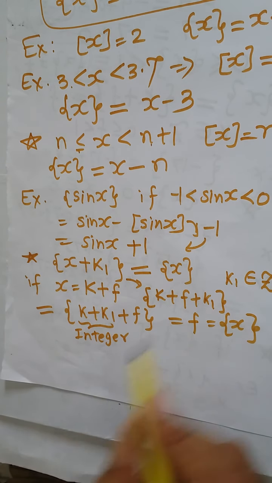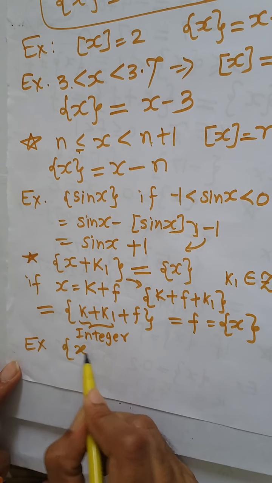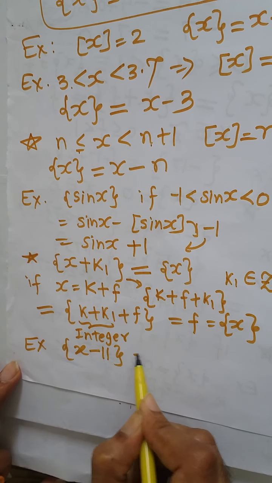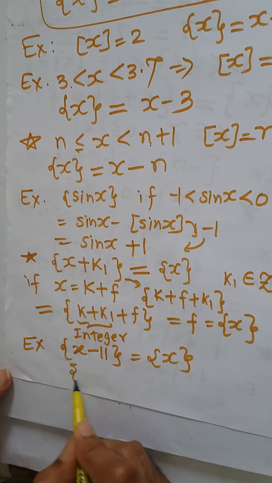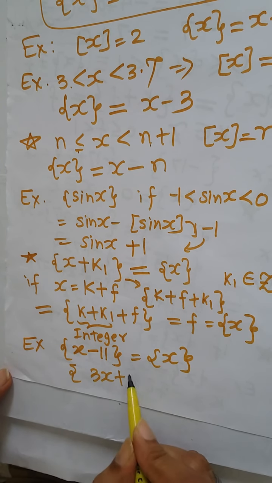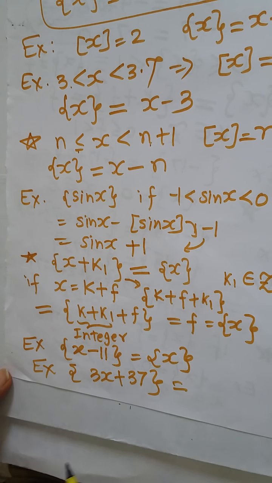So remember this property: fractional of x minus 11 is fractional x only, and fractional of 3x plus 37 is fractional 3x only.